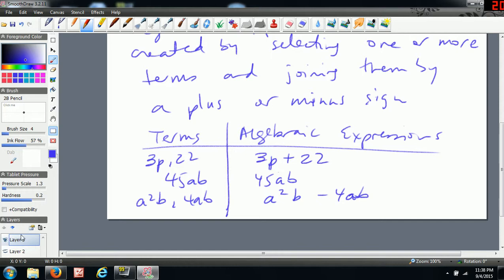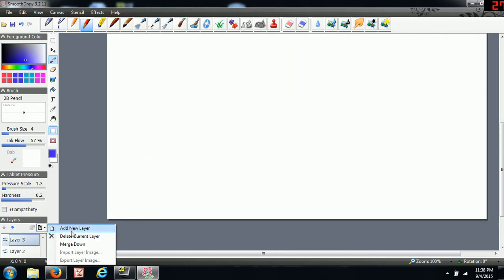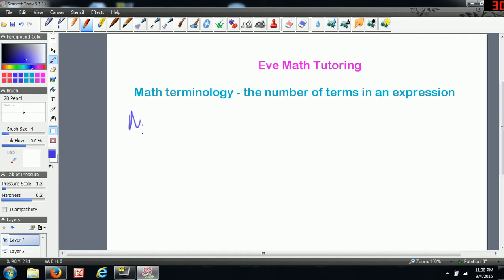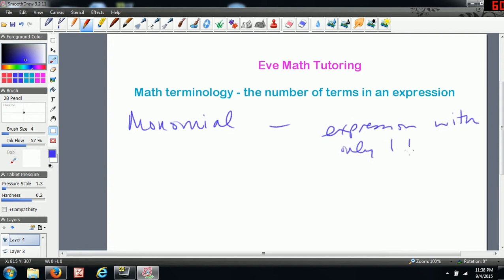Now, a monomial is an algebraic expression with only one term. Okay, a binomial is an algebraic expression with two terms.